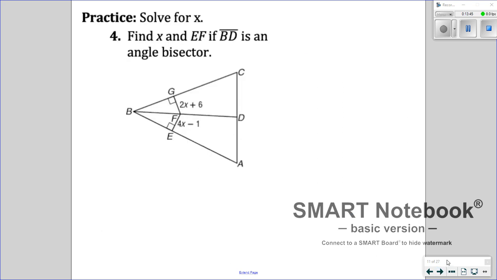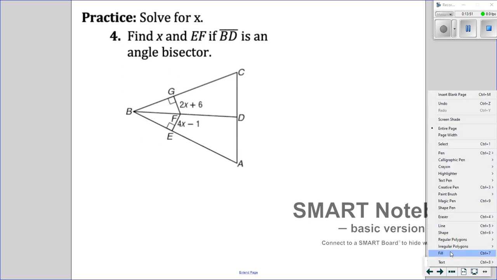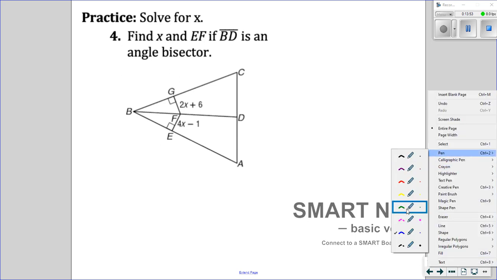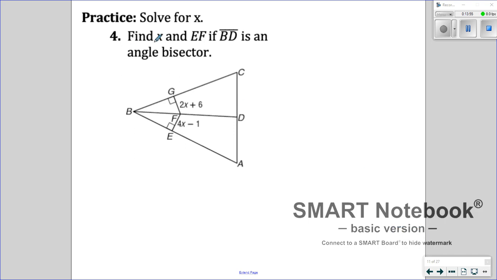So we're going to do practice problems dealing with the angle bisector. It says find X and EF if segment BD is an angle bisector. So this is the angle bisector. So that means this angle is congruent to this angle.